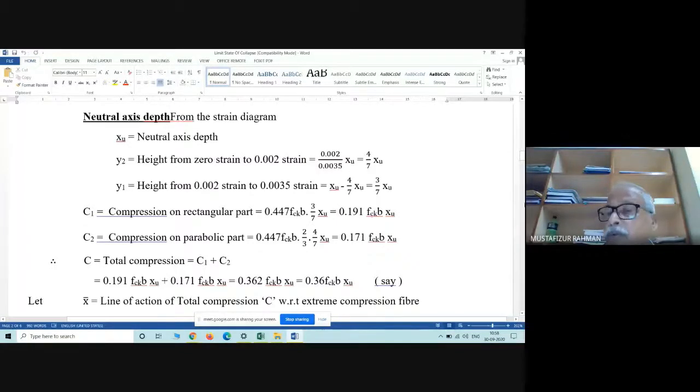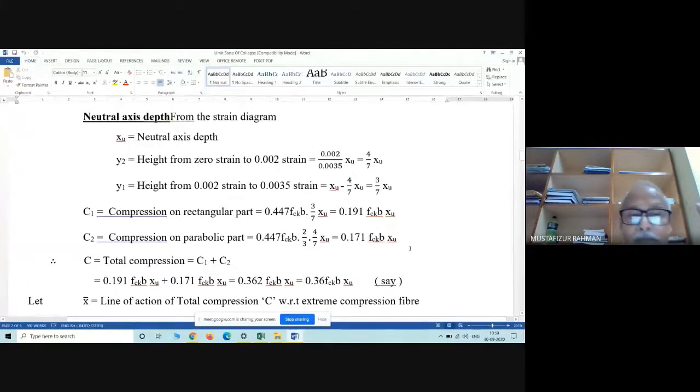Similarly, compression for the parabolic part is b into depth. It is parabolic, so it is not acting throughout the area, that's why 2/3 of y2. This is a general expression that you had in your school level, so I don't think it is difficult. So we got 0.171 fck b into xu.